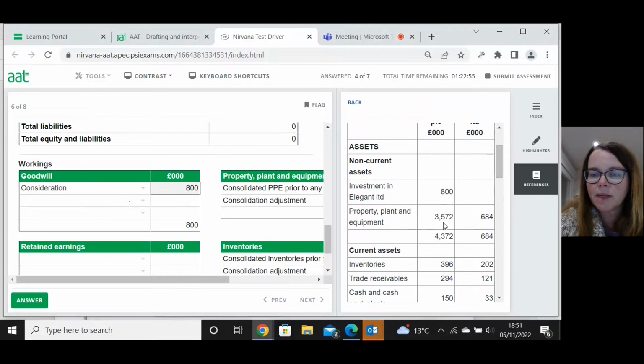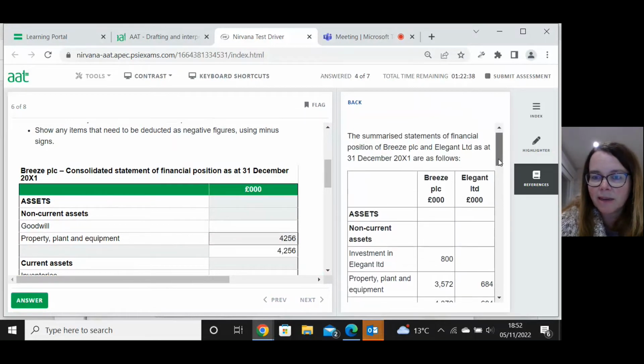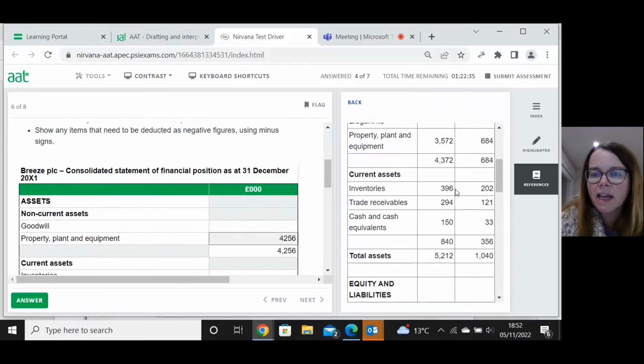Property, plant and equipment. So I want 100% of these. So 3572 plus 684 is 4256, which I'm going to put in here for the time being. I know I might have to adjust it later, but never mind. Right, inventories. I want 396 plus 202.